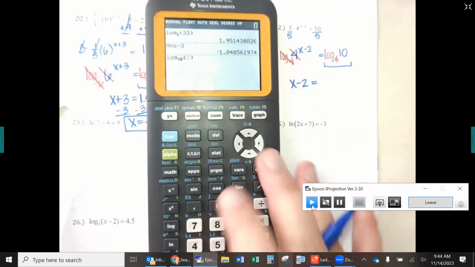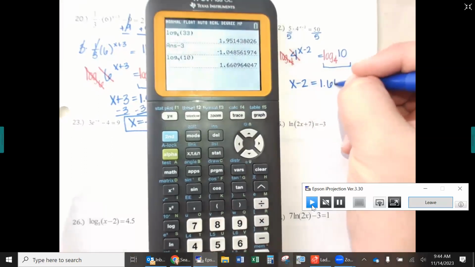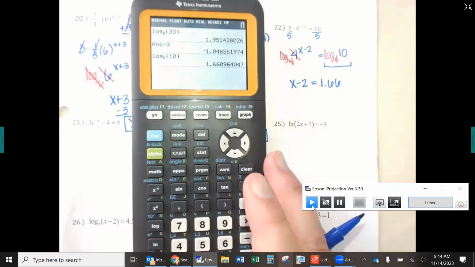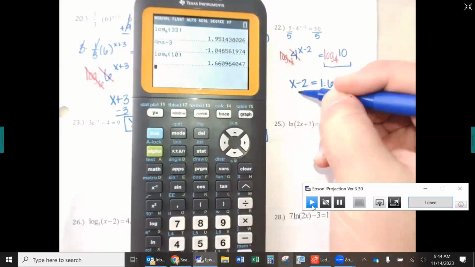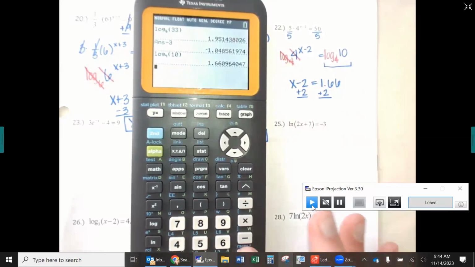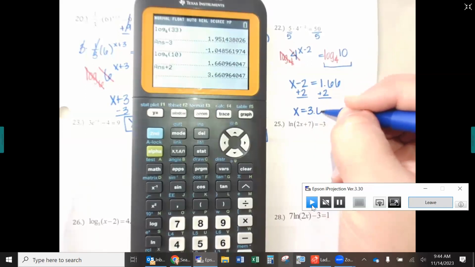So I want a little 4 in the small box, a 10 in the big box. I got 1.66. Final step, how do we get rid of the minus 2? Okay, plus 2. And 1.66 plus 2 gives me 3.66.